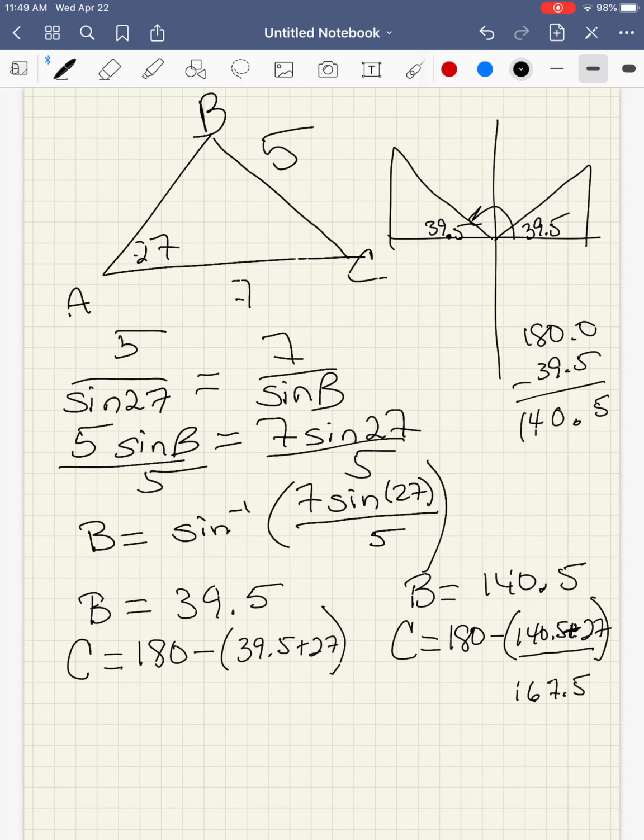So that's how you're going to know whether you have 1 triangle, 2 triangles, or as in the last case, no triangle because there wasn't a sine with that value. But right here is where you'll be able to tell if you're actually going to have 2 triangles. In this case, we are, because there are a few degrees left for this third angle.